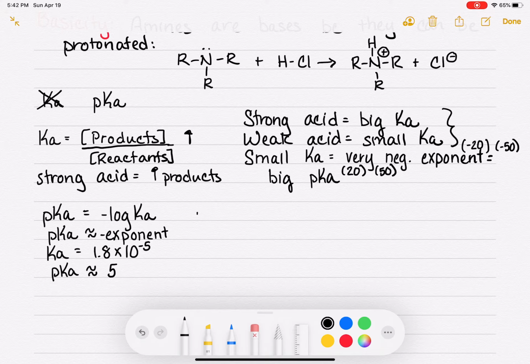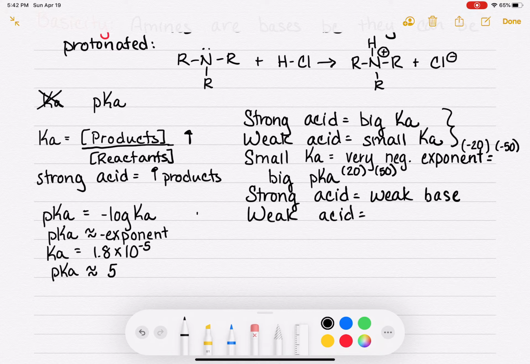And then another thing that you learned in 163 is that if something is a strong acid, it is also going to be a weak base. Or if something is a weak acid, then maybe it's going to be a strong base. And I don't mean that in the sense of the actual definition of strong acid and strong base.